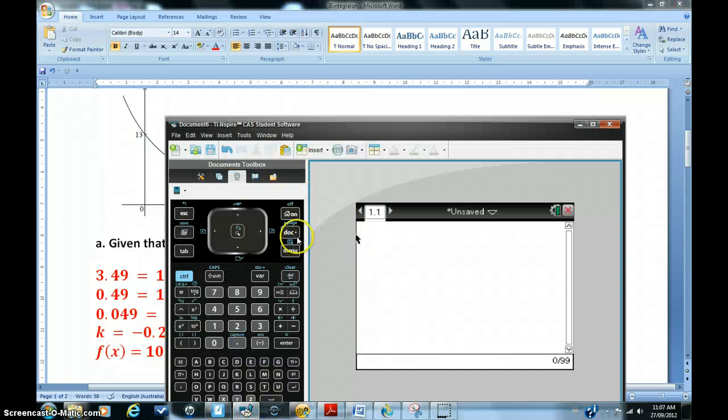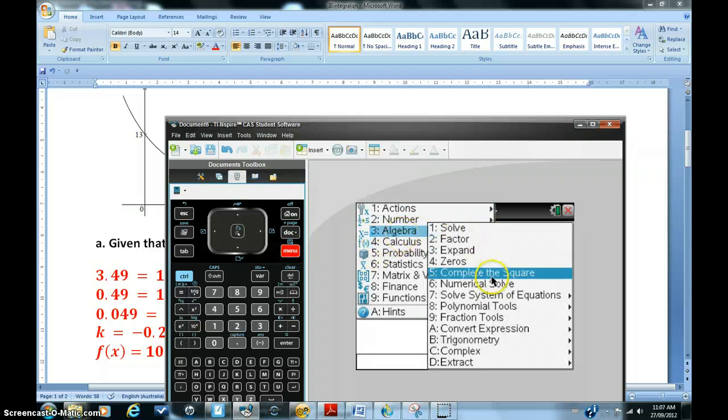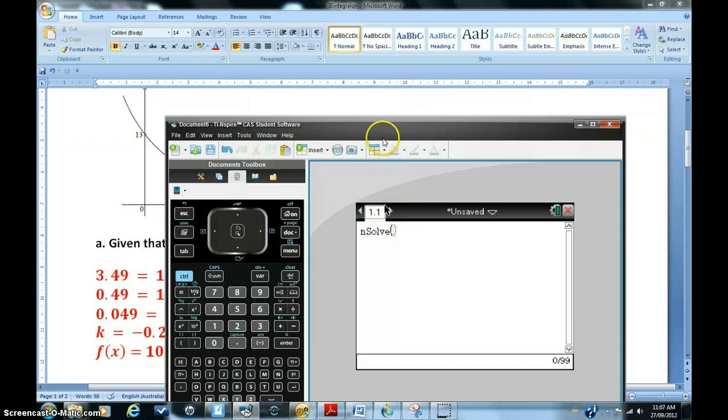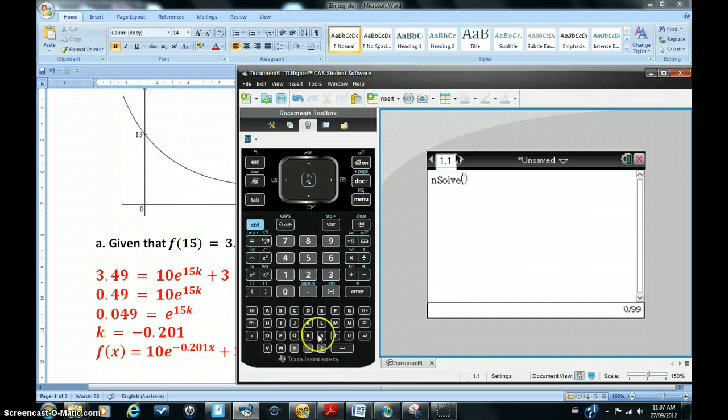I'm going to go into calculator mode, hit menu and go to algebra and hit numerical solve. So I'm going to enter the numbers into the numerical solve. So I've got 0.049 equals e to the power of 15k.